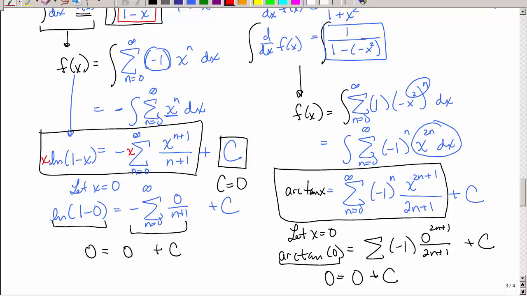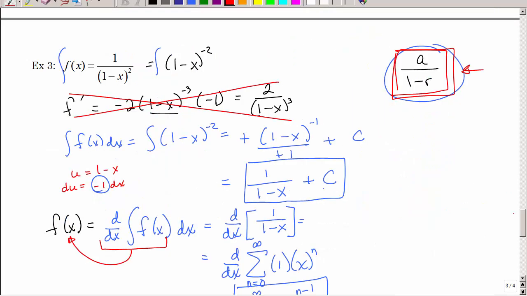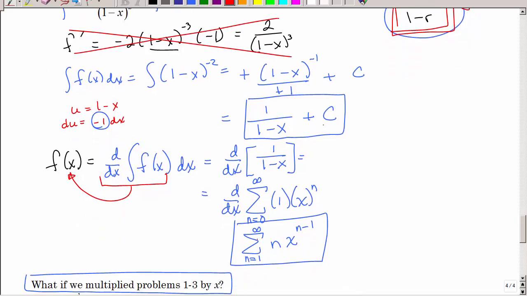So x times the natural log is equal to that. X times arctan is that. And same thing here. If this was x times this, then this would be just multiplied by x. So just keep that in mind as you're doing some homework problems.